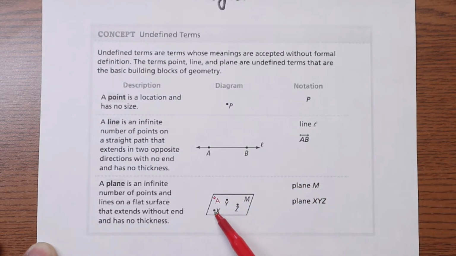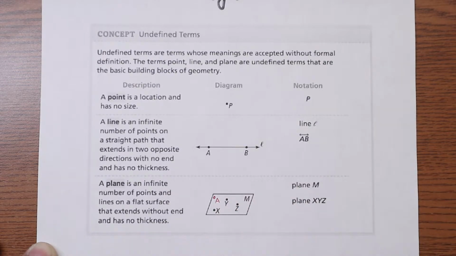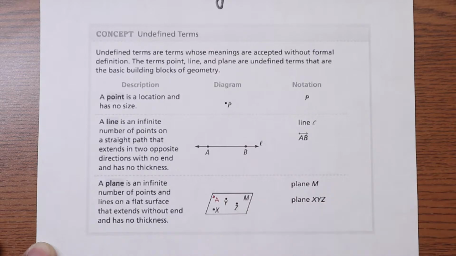You could name it XYA, AYZ, YAX, YAZ, XAZ, XZA, or XYZ. There's a lot of ways for you to name the plane, but you always need 3 points to name the plane. 3 points that are not on a strict line, and none of these form a strict line, okay?